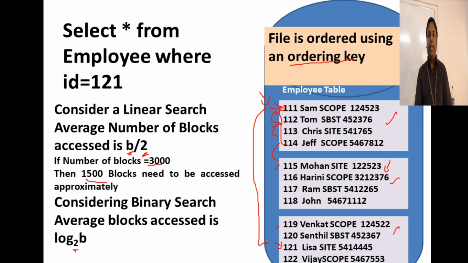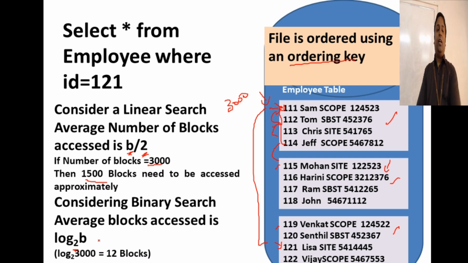So when I apply binary search on 3000 blocks of data, what am I going to get? The average access is nothing but log to the base 2 of the number of blocks B. So that gives me 12 blocks. So I'll be able to reach my result on an average access of 12 blocks.